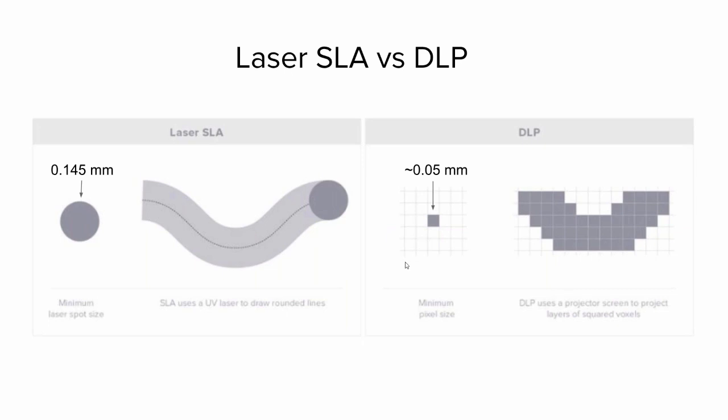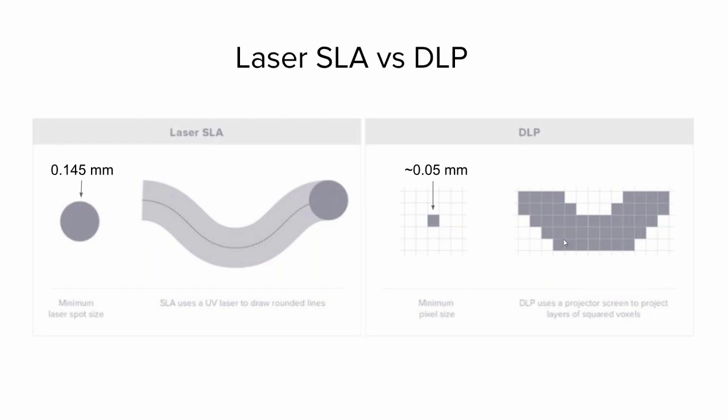A lot of times companies that are making DLP or LCD based printers will advertise that their accuracy is 3 times better than Formlabs accuracy because their pixel size is 50 microns versus our basically 150 micron laser point size. What they fail to mention is that we can move this laser in much smaller increments than 145 microns, and we're going to look at how that affects tolerances in the next couple slides.